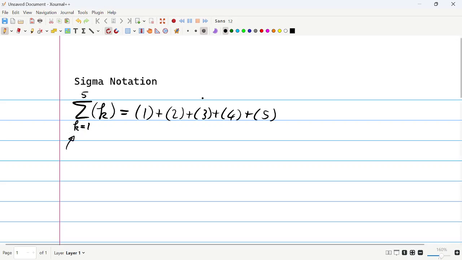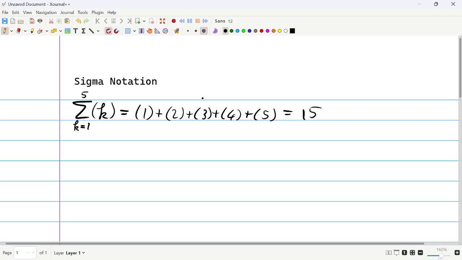This is what you call the lower limit, and this is the upper limit of the sigma notation. And then we just add them together, right? 1 plus 2 plus 3 plus 4 plus 5: 1 plus 2 is 3, plus 3 is 6, plus 4 is 10, and this will be 15. Okay? So the sum from k equals 1 until 5 is just 15.